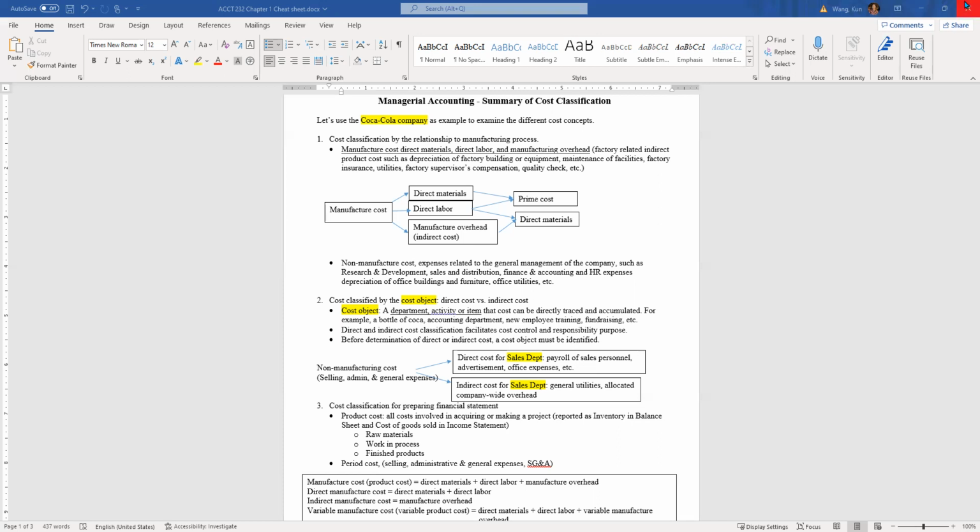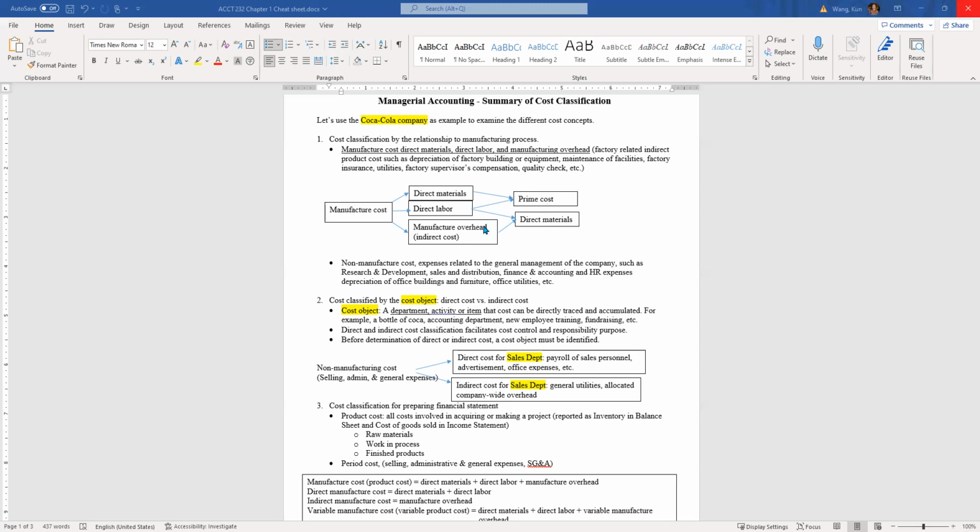Finally, there are two more classifications, mostly used in learning and in reporting. We combine the direct material and the direct labor, and we name it prime cost. Prime cost means the primary cost to be converted into the final products: direct material and direct labor.